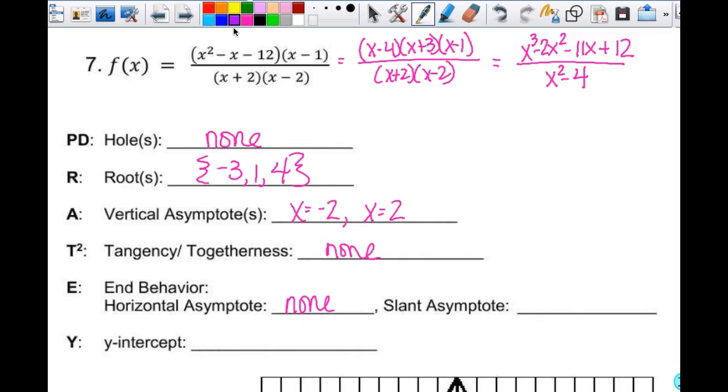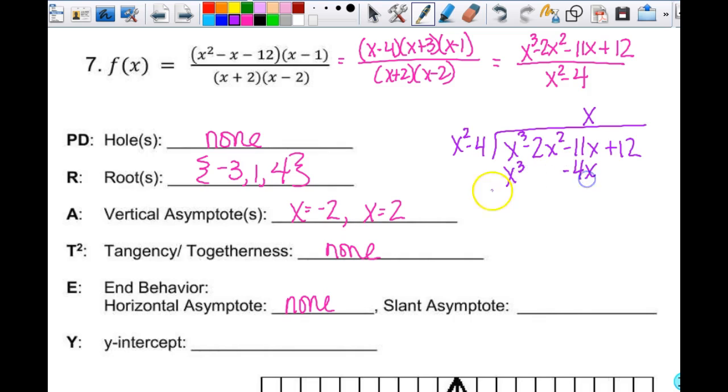So I need to divide here. Can I use synthetic division? No, so I have to do long division. So x squared minus 4 divides into x cubed minus 2x squared minus 11x plus 12. And again, you may have to do it up there where you have a little bit more room. So this goes into there x times, so this gives me x cubed minus 4x.